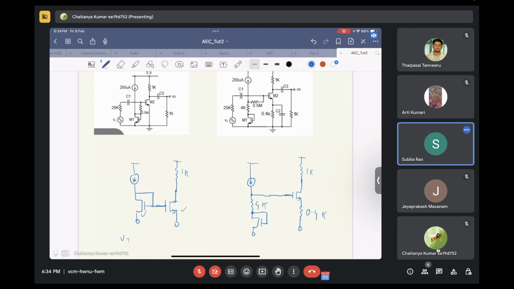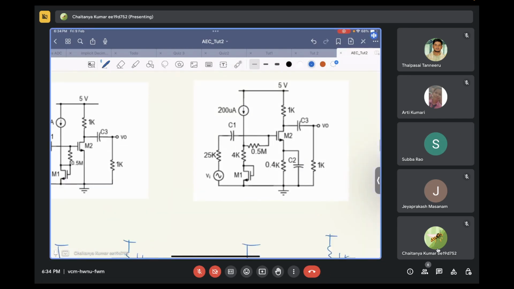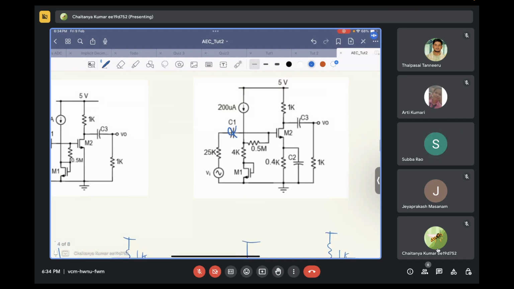So in the DC analysis, this will become an open circuit, right? The 200 microampere current, when it comes here, will have either this path or this path. Since this 0.5 mega ohm directly goes to the gate of the M2, nothing will flow in this.